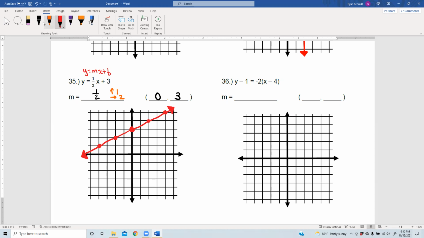Now, our next one, the last one, it's in point slope form. So this is the one that's in the form of y minus y1 equals our slope times x minus x1. So what's our slope? Our slope is -2. And then for the point, my x would be, well, these match up. X would be 4, y is 1. So I'm going to put a big point at 4, 1.